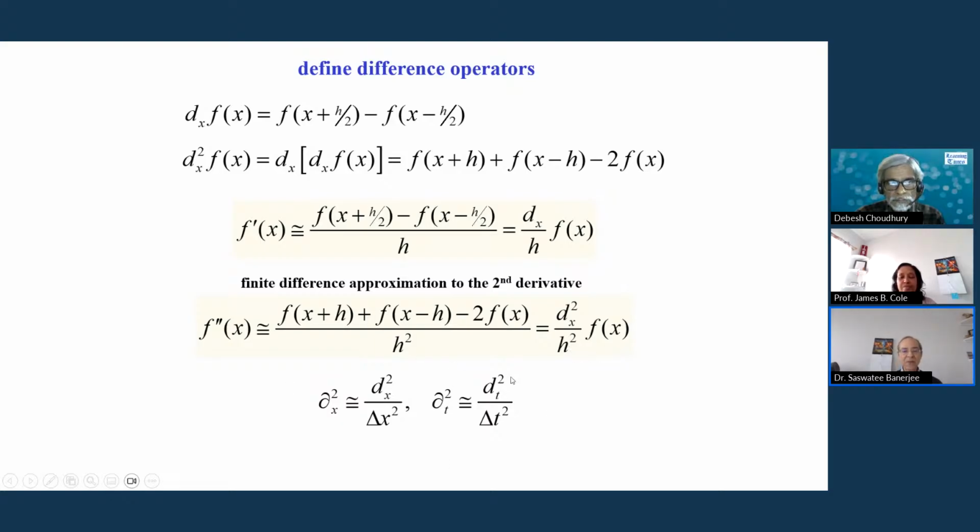So we can make this notation that the second partial derivative with respect to x is this second difference with respect to x divided by delta x squared. The second partial derivative with respect to t is the second difference in t divided by delta t squared.